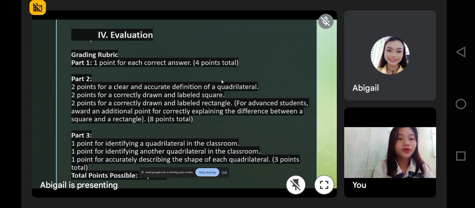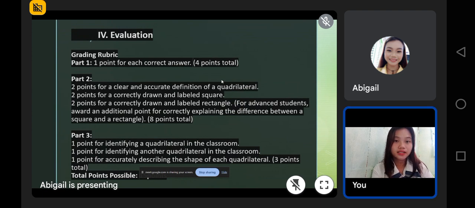So the grading rubric is 1 point for each correct answer, for 4 points in part 1, the multiple choice. And in part 2, the questions to be answered and explained are for 8 points total. And in part 3, it gives 3 points.